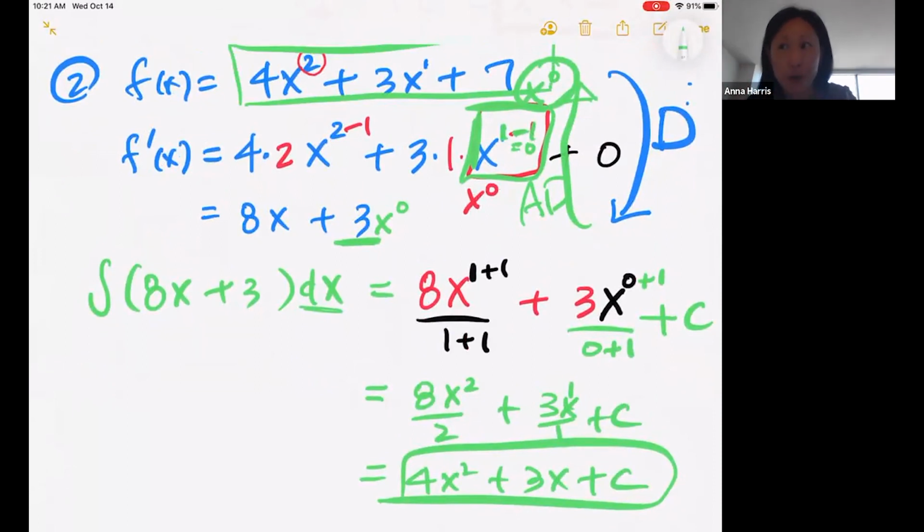I know for this problem, but remember, I'm not always going to give you the original function. I just know for this particular example, but if I just give you a function and say find the antiderivative, you don't know what constant you're going to use. So you always just use c, saying this is a particular function of any function with any constant. So I'm going to call it c.